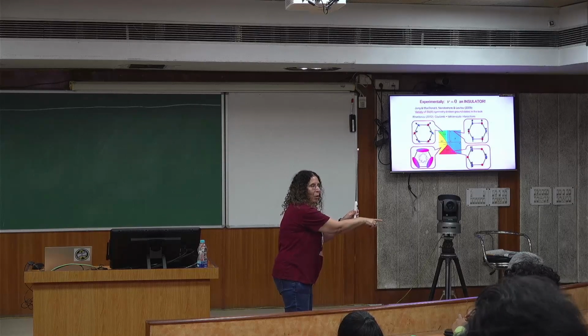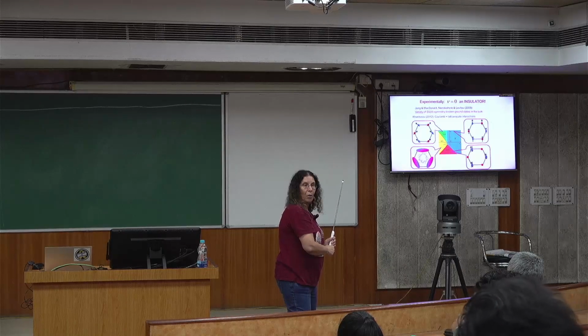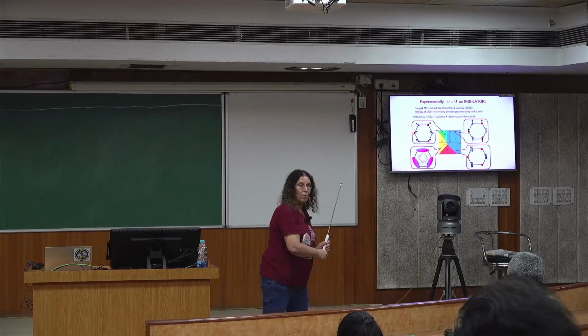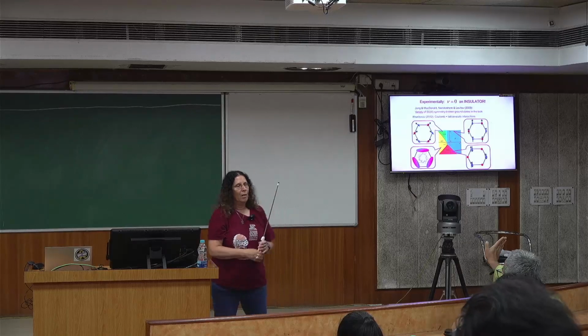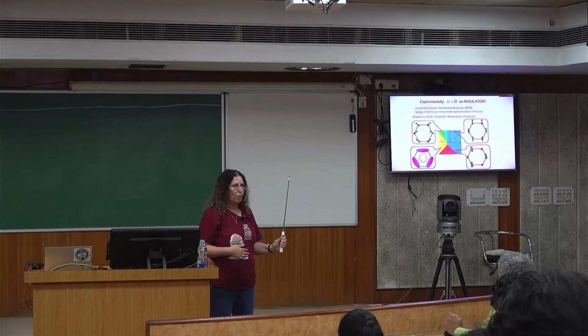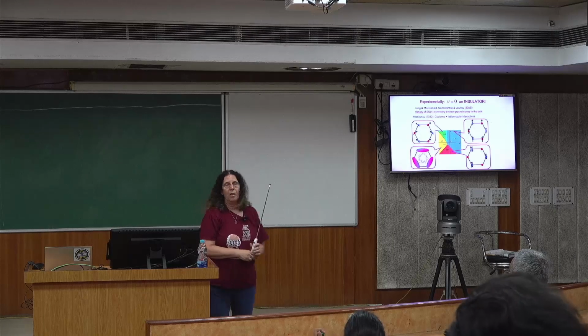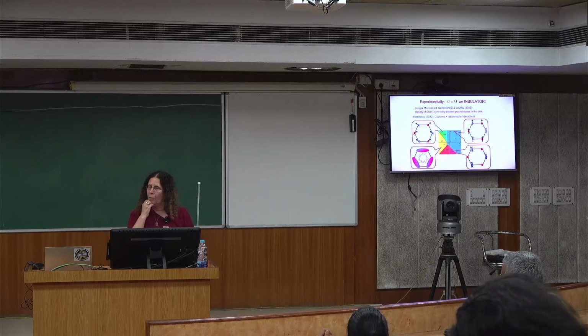It's a broken symmetry. The symmetry that is broken is U1. Okay, so the orientation in the Z direction is determined by the magnetic field. So it breaks SU2 symmetry. Okay? All right. So that's the canted antiferromagnet.